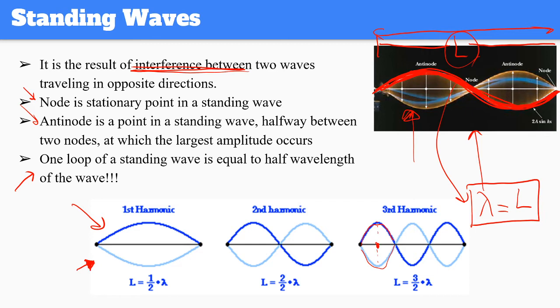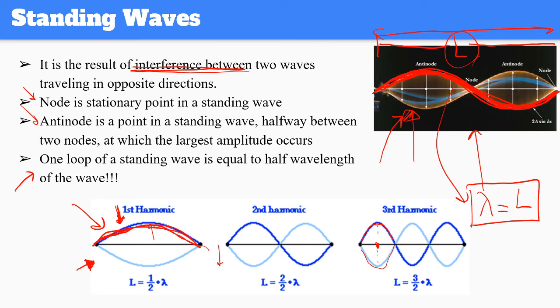And what can we say about the wavelength of this shape? If we think about it, this part is not actually the entire wave yet, because an entire wave requires us to go up and down, but here we only have the up part.